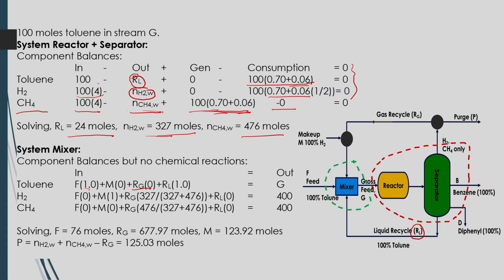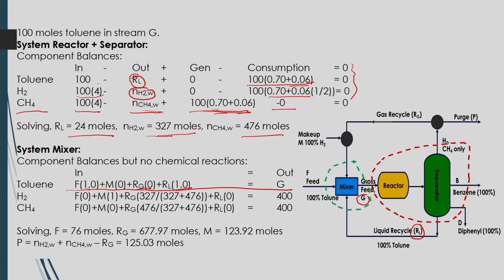So, we can say that the amount of toluene will be RL into 1.0, because 100% toluene is there. So, we can do the material balance for the toluene in this mixer like this. Now, this is your total in, but what should be the out? The outlet amount will of course be G. So, that is why this equation can be written as the material balance for the toluene.